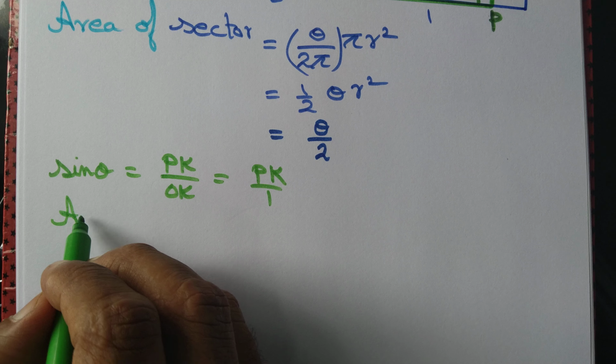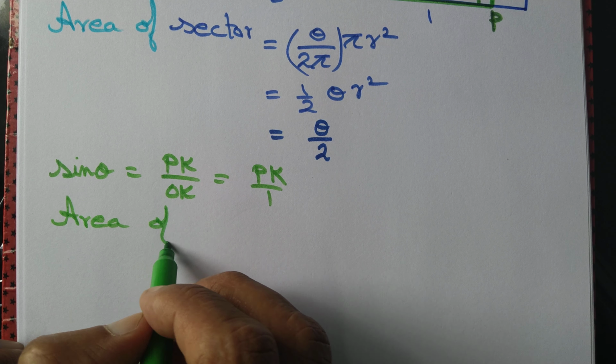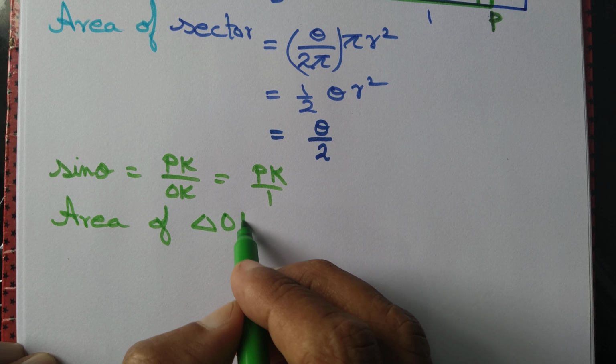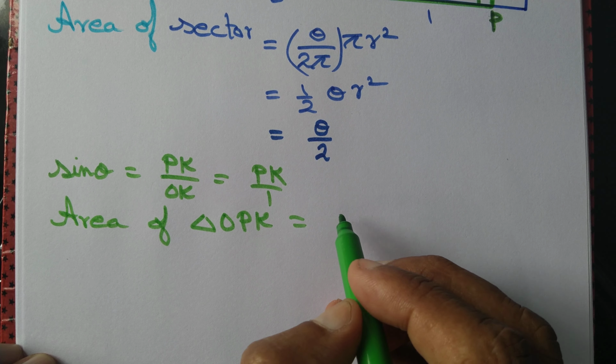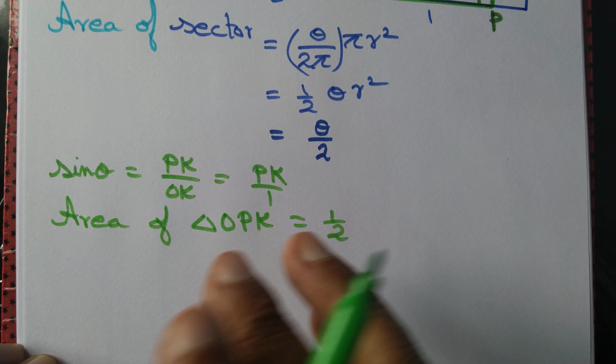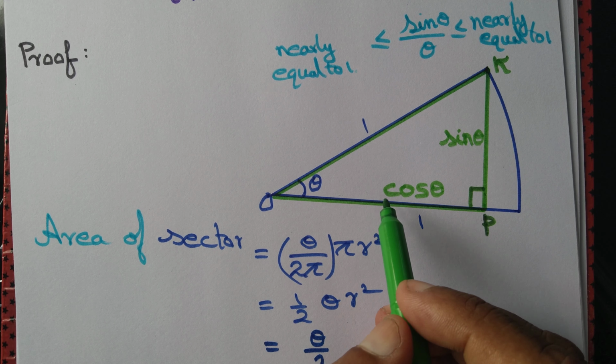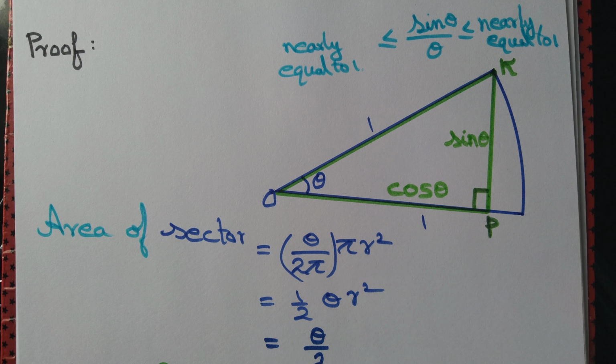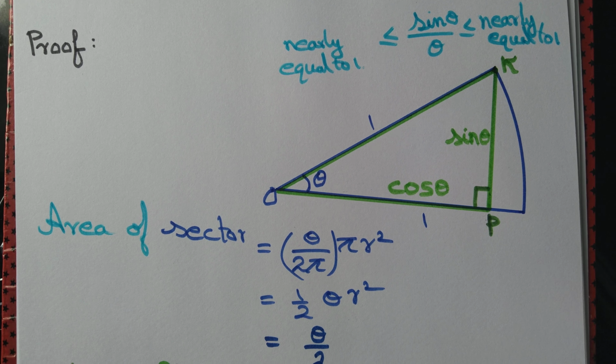Area of triangle OPK equal to half base times altitude. Base is just equal to cos theta, and altitude is just equal to sin theta.